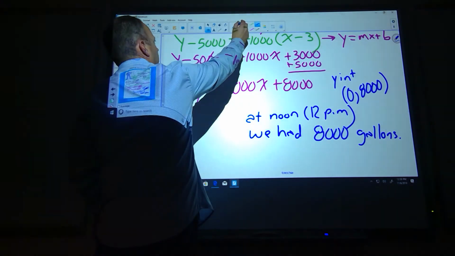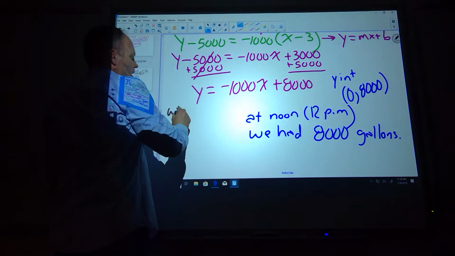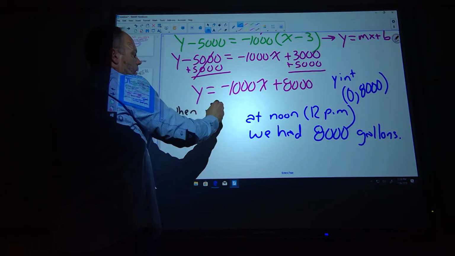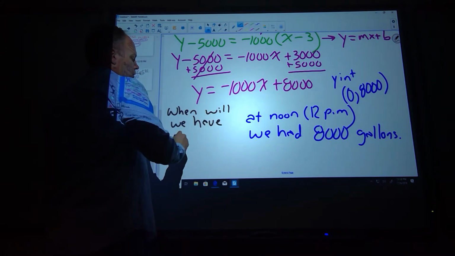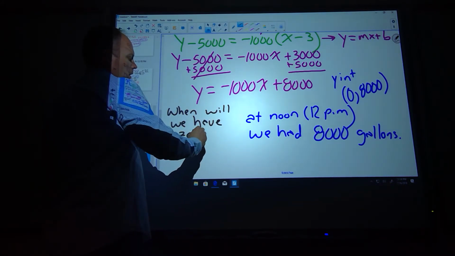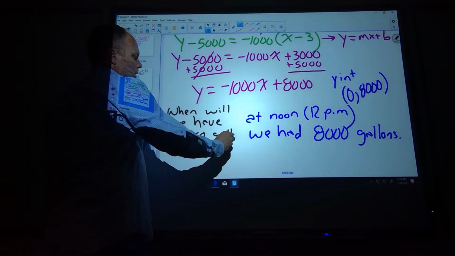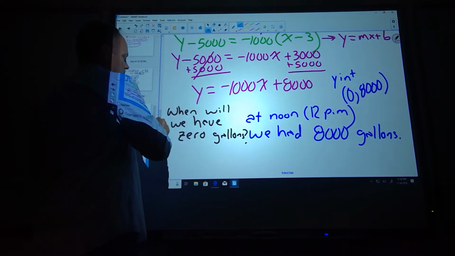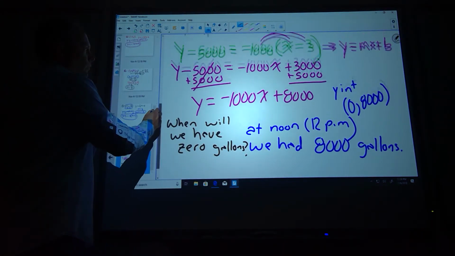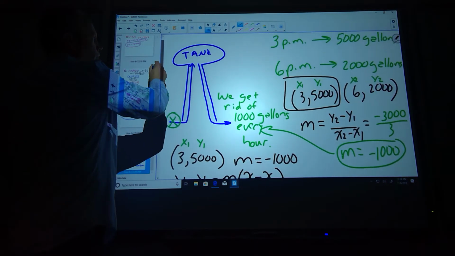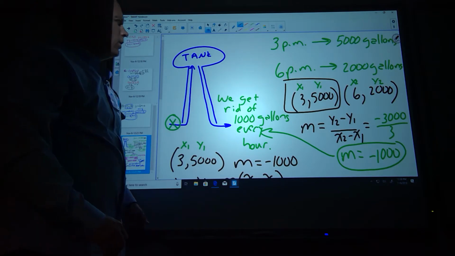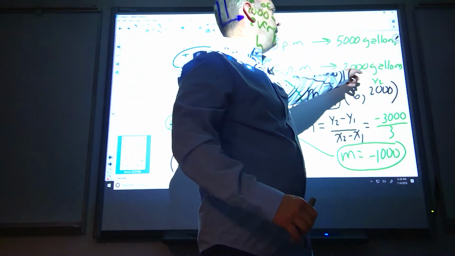Now here's a question. When will we have 0 gallons? Okay, we can do it a number of ways. We're losing 1,000 gallons every hour, right? So at 6 p.m. we had this.